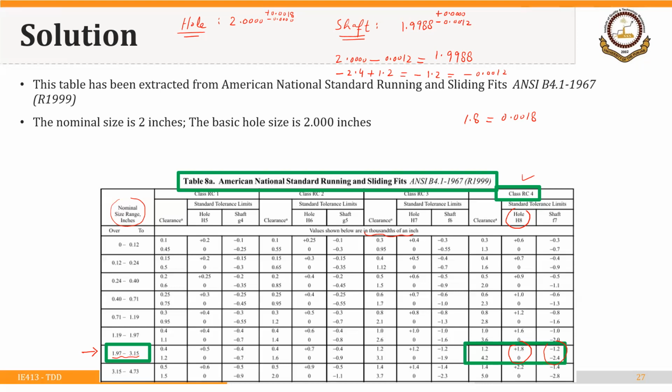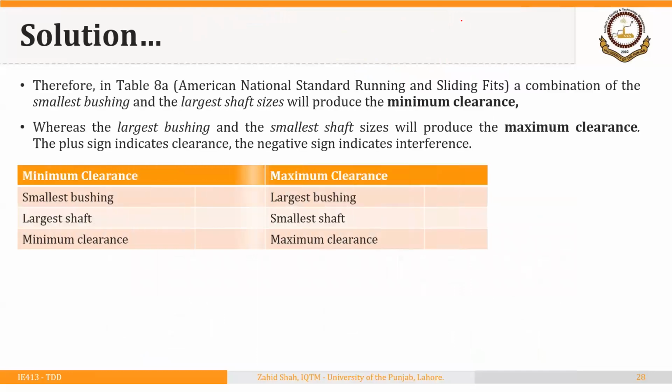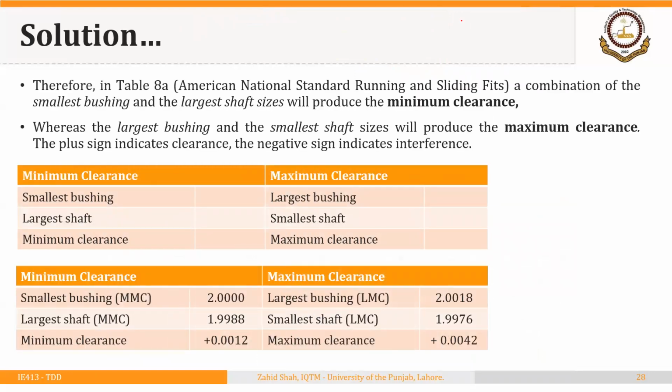Now we will make a small simple analysis of the tolerances that we have applied to both hole and shaft. So the smallest bushing that we can achieve, let's first draw these hole and shaft. The size of the hole is 2.00 plus 0.0018 minus 0.0, and for the shaft it is 1.9988 plus 0 minus 0.0012.